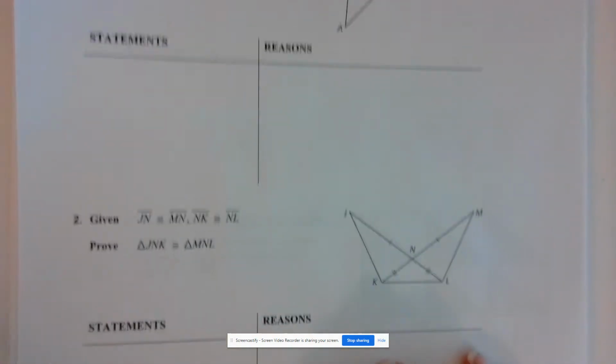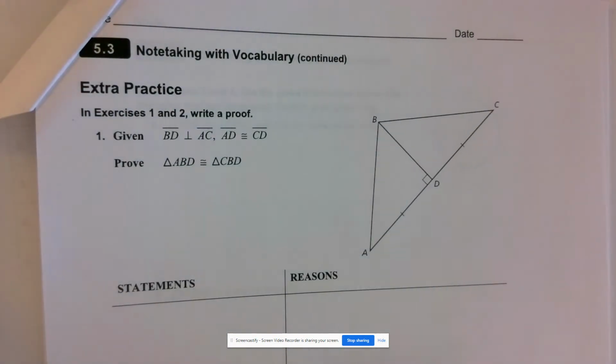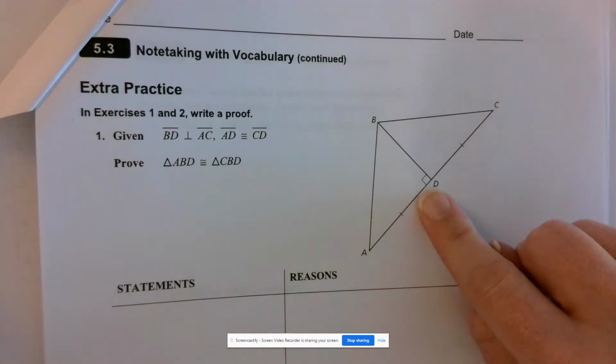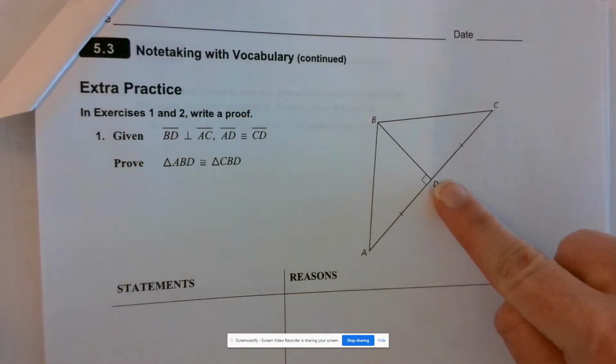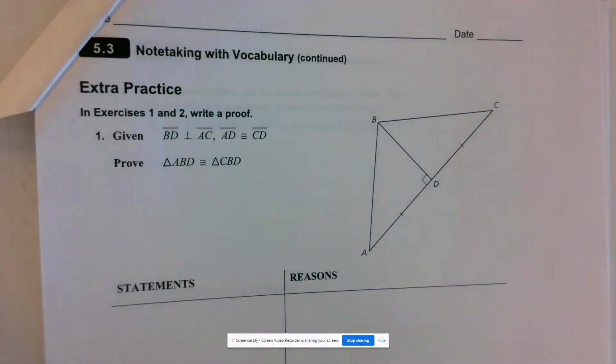So we are on page 136 in your student journal, and in number 1, we have to prove that triangle ABD is congruent to triangle CBD. Now, when we're trying to prove triangles are congruent, we are going to be looking for our different triangle congruence theorems.